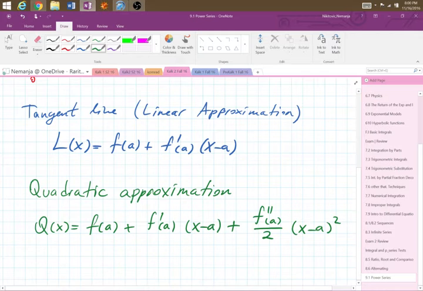So let's use this to approximate something that we don't know right off the bat. What would you use a calculator for to compute? Let's say e squared you would use, right?